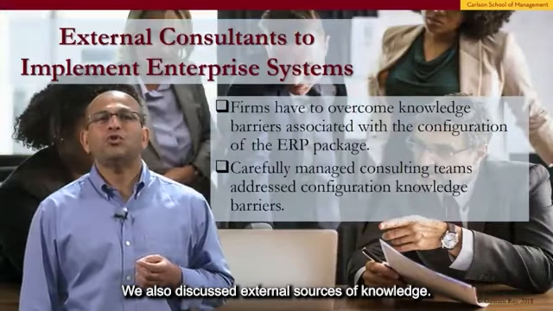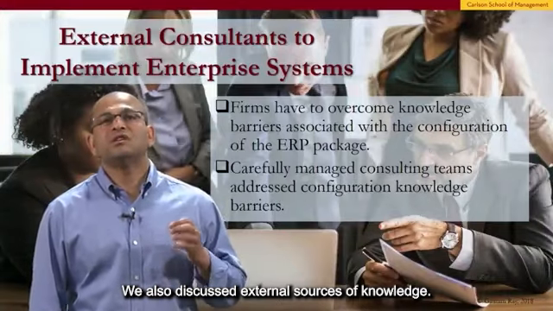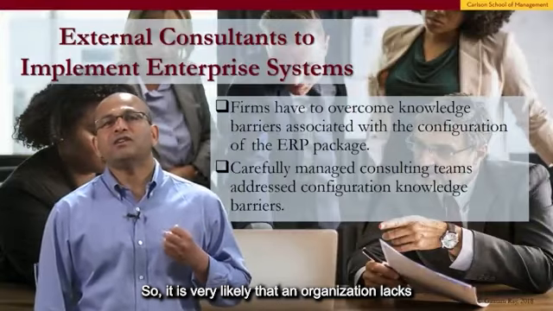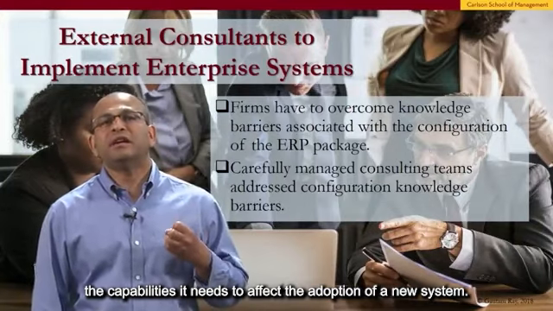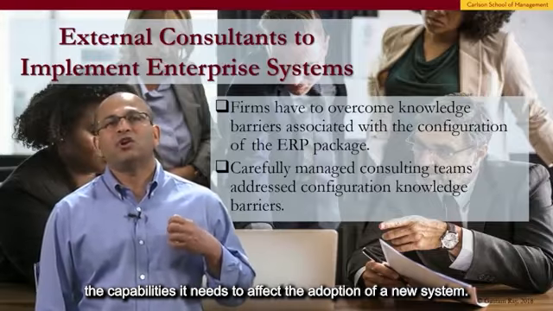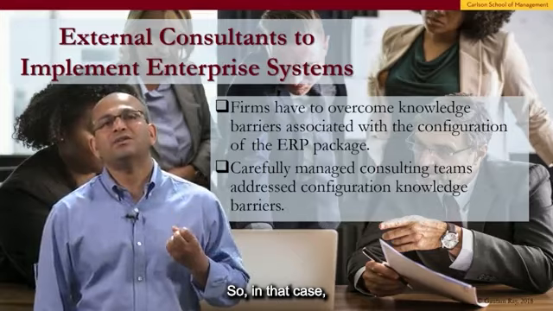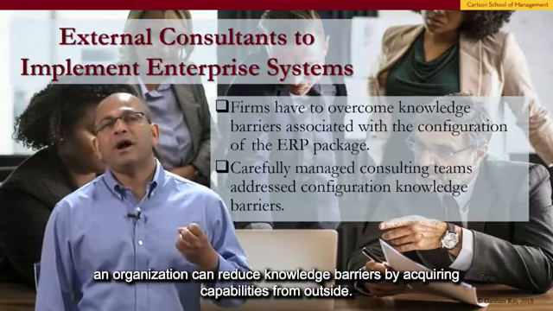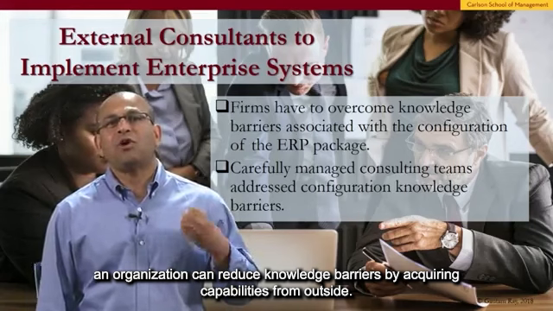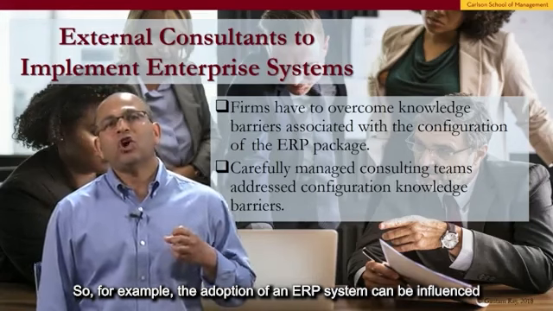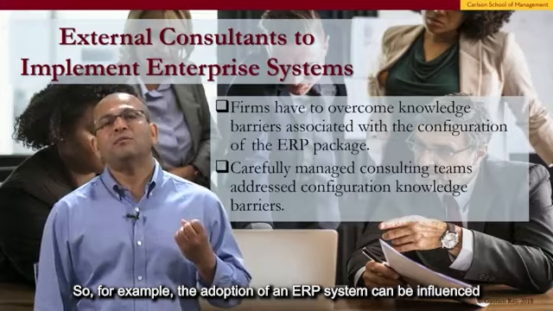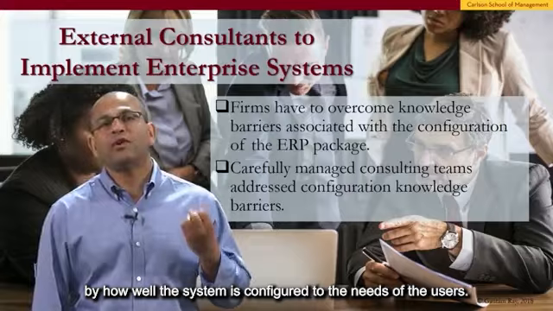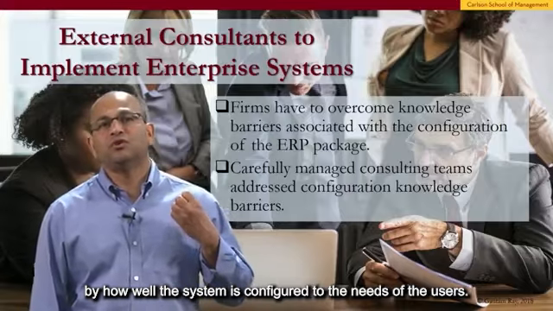We also discussed external sources of knowledge. It is very likely that an organization lacks the capabilities it needs to affect the adoption of a new system. In that case, an organization can reduce knowledge barriers by acquiring capabilities from outside. So for example, the adoption of an ERP system can be influenced by how well the system is configured to the needs of the users.